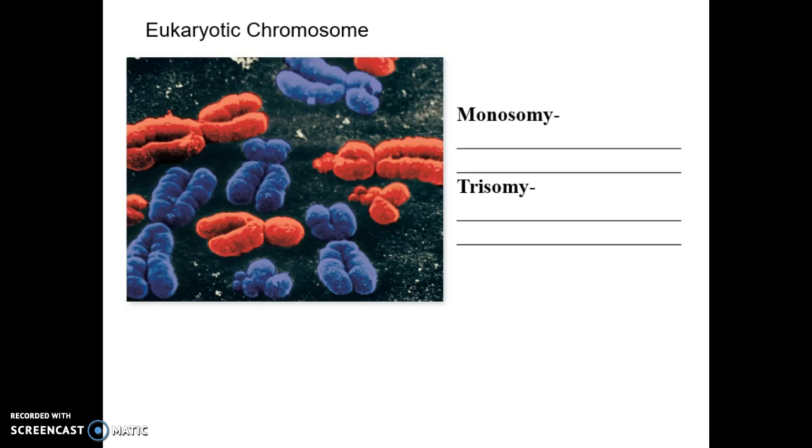Depending upon the level of expression, it could be very minor, with no real noticeable effects, or on the other side of the spectrum, it could be debilitating and cause significant problems for the individual. And there's everything in between. But trisomy, or trisomic, refers to 3 chromosomes at a specific location or pair.